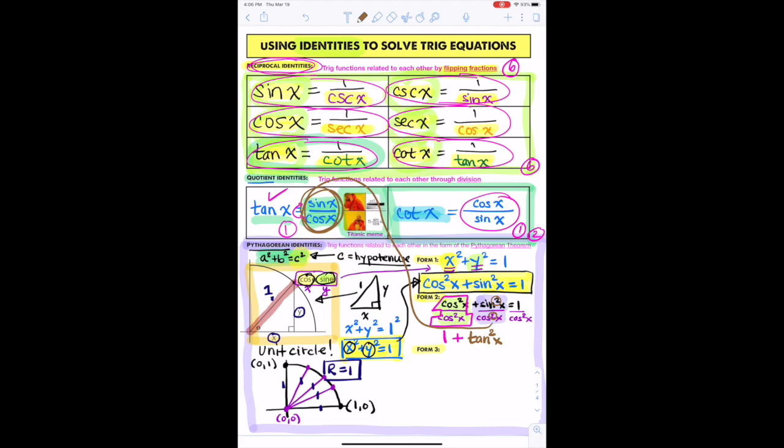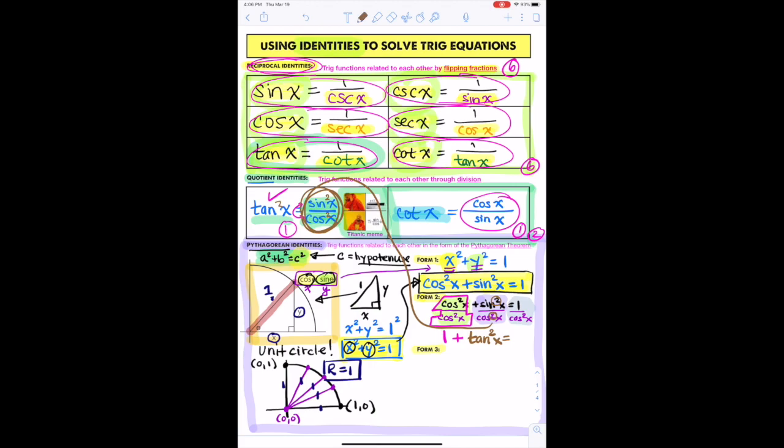It follows directly from this identity if I put squares. Hopefully that makes sense. Then over here I need a simpler way of saying 1 over cosine squared x.